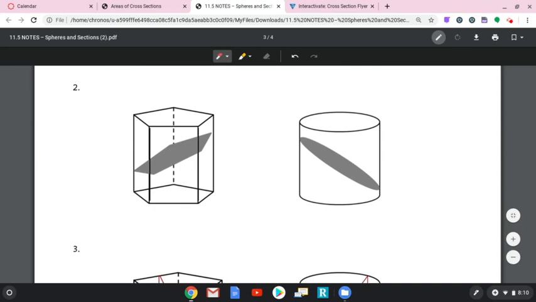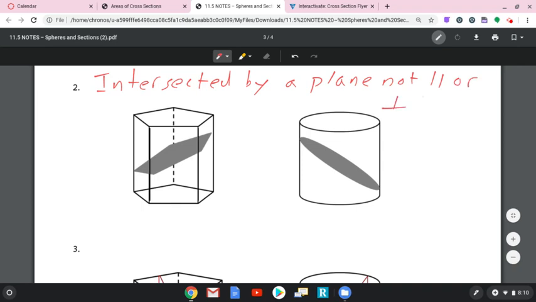So we have still the pentagonal prism, and we still have the cylinder here, but we're intersecting planes that are not parallel to the bases. So in this case, it's intersected, and I'm going to add 2 words, intersected by a plane not parallel or perpendicular to the base.